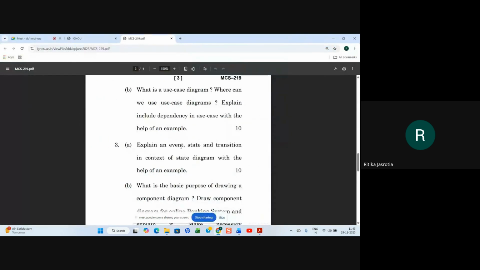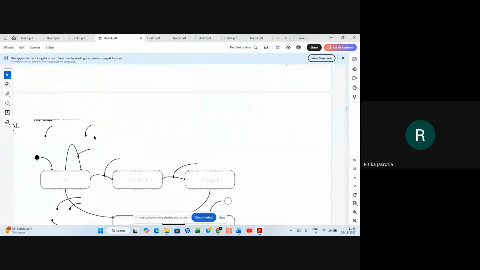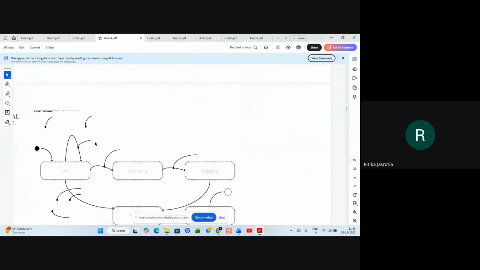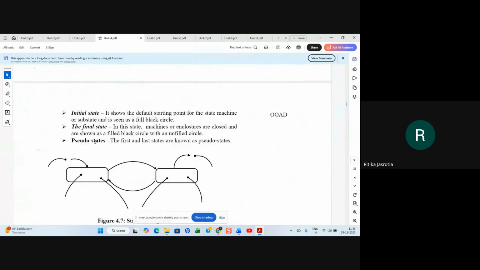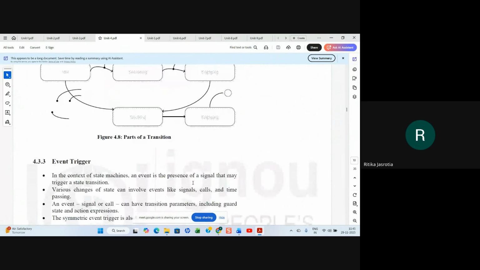So this is: explain an event, state, and transition in context of state diagram with the help of an example. For the example, you can take any state chart diagram. You can explain that one state is going to another state, and there are some events happening, and a transition is happening from one state, changing to another state.